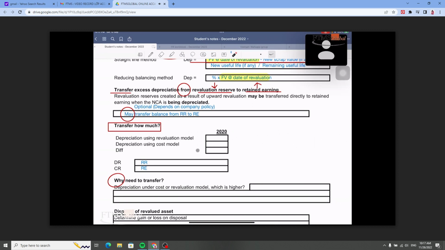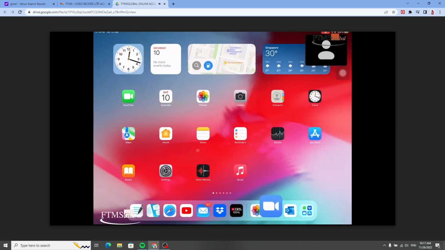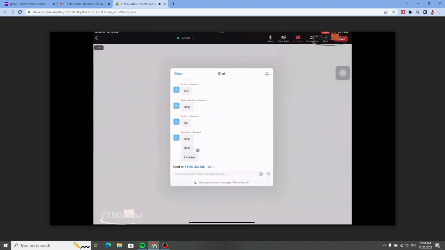So back to you now. My question to you is, is depreciation using revaluation model higher or cost model higher under normal situation? What do you think? Which one is higher? Revaluation model or cost model? Normal situation.